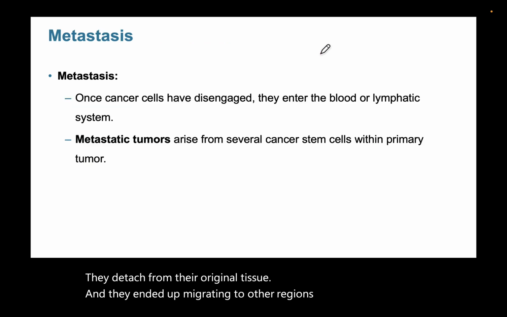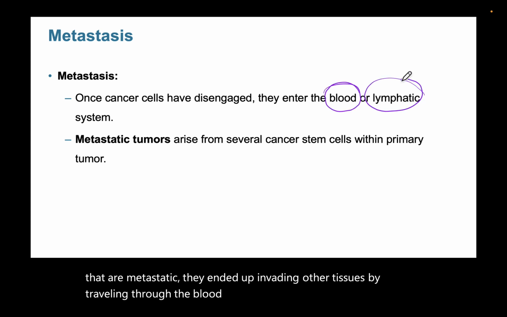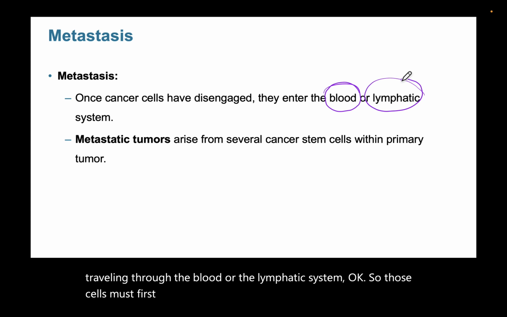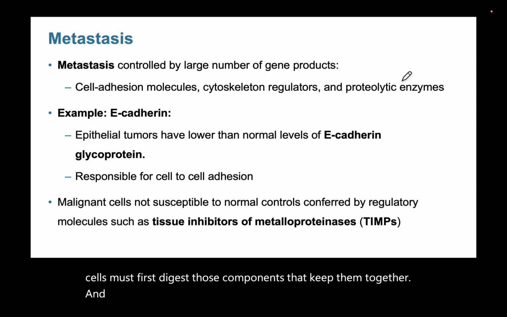So those tumors that are metastatic end up invading other tissues by traveling through the blood or the lymphatic system. So those cells must first digest those components that keep them together. And those components can be different components.